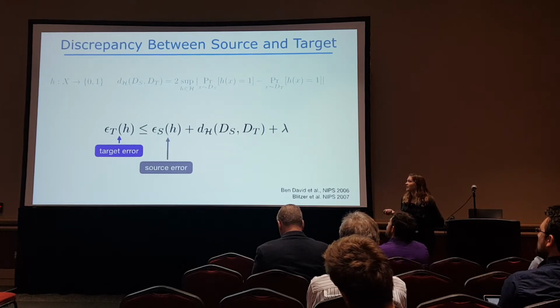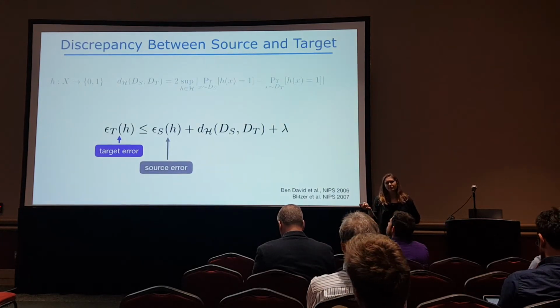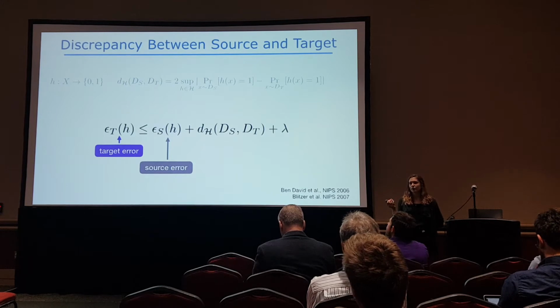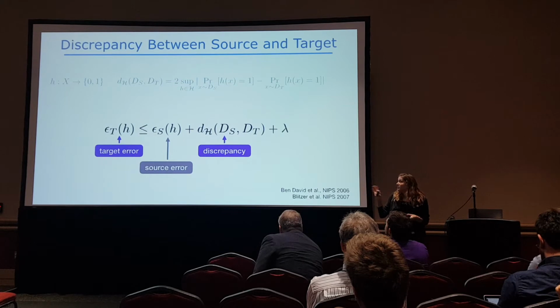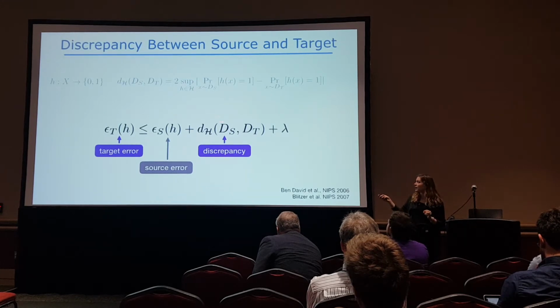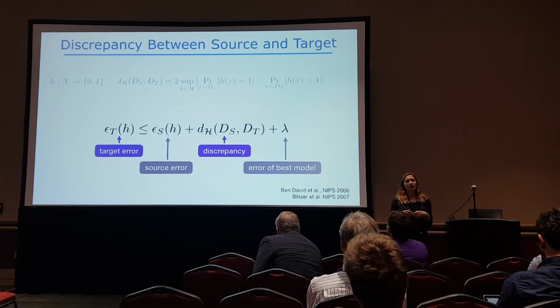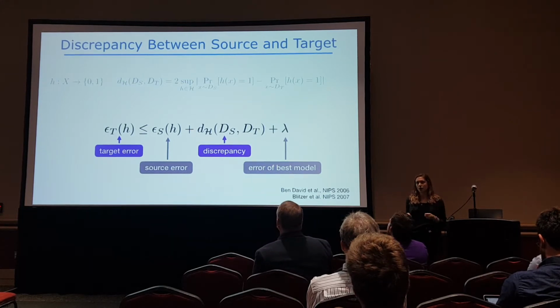The first is your source error. And the key about that is your source data set has a lot of labels. So this means you can use supervised learning to drive down the error in your source. And then it's also in terms of this notion of discrepancy. And this is something that we maybe can modify inside of our learning procedure in order to minimize. And then the last term has to do with the best possible joint model.